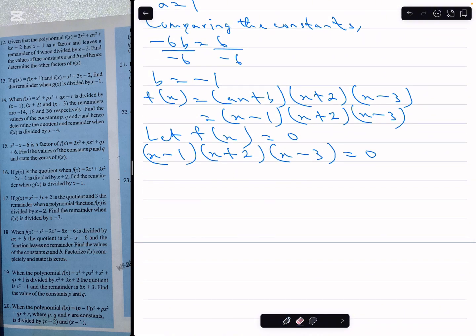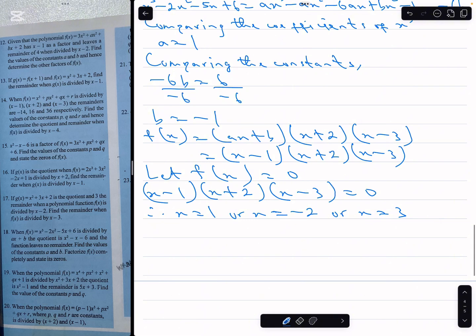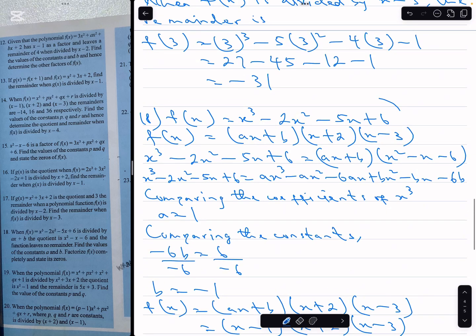And that therefore means x equals 1 or x equals minus 2 or x equals 3. And those are the zeros of f of x: 1, minus 2, and 3.